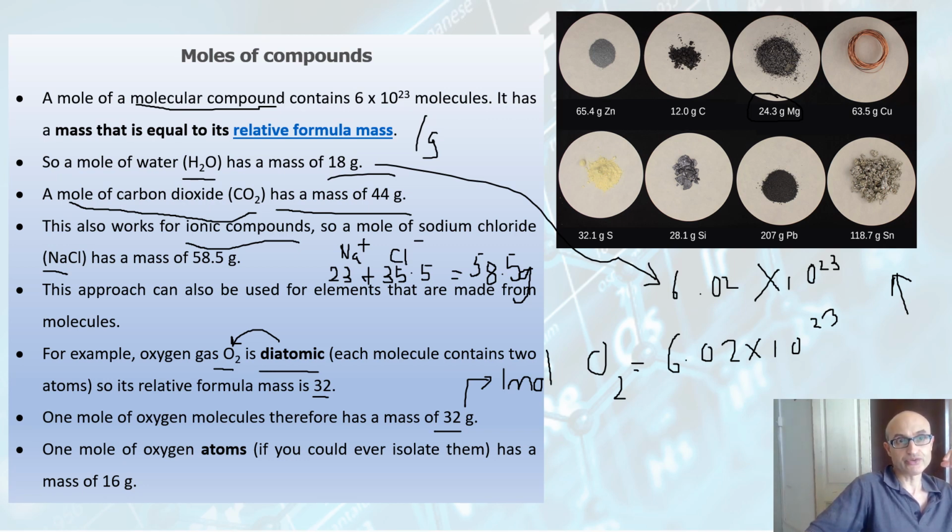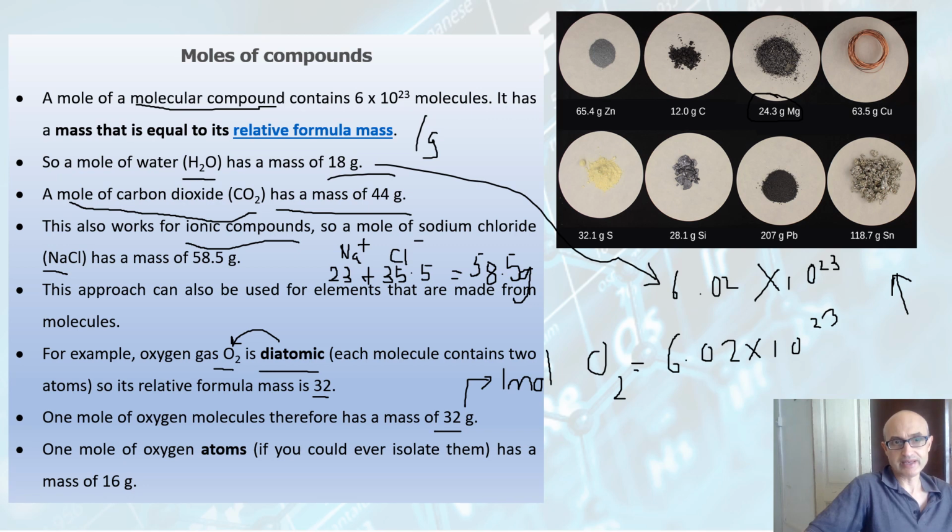Sulfur also is 32. Basically, the picture shows us the mass of 1 mole of substance. Since, for example, sulfur has a relative atomic mass of 32, we put in the grams, and as we said, the relative atomic mass expressed in grams is the mass of 1 mole of that substance. So 1 mole of sulfur atoms will weigh 32 grams.